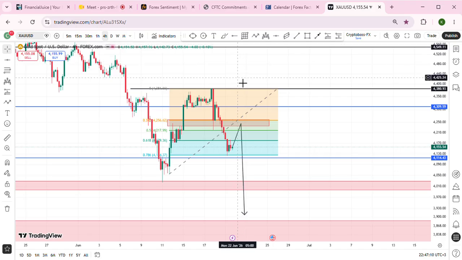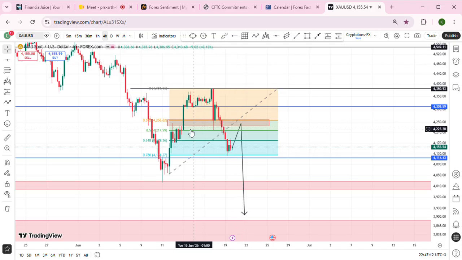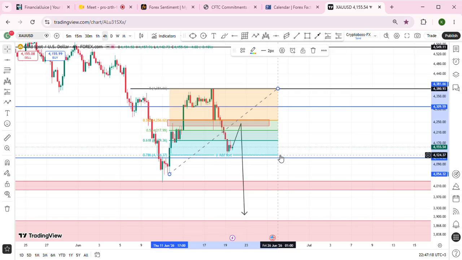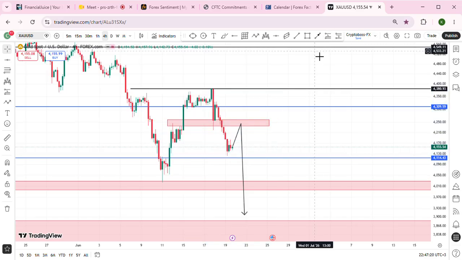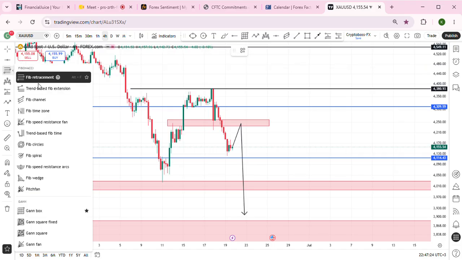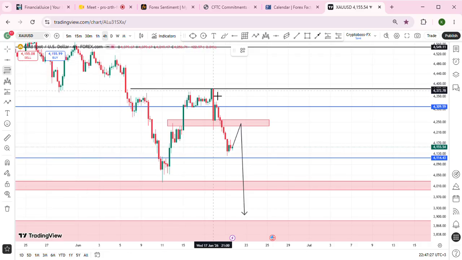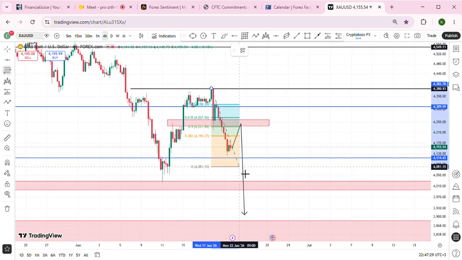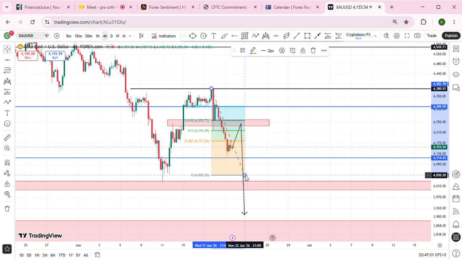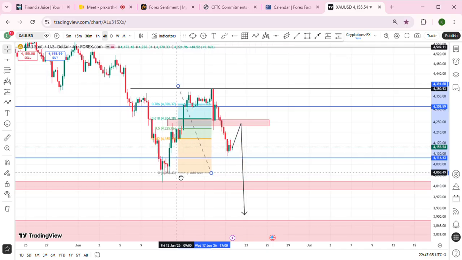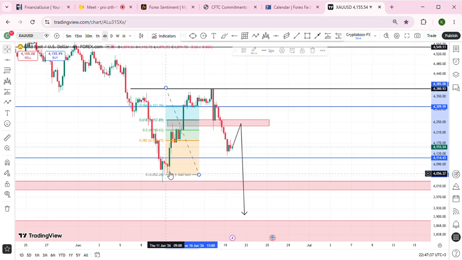Sorry, have I marked it right? Or should I be using the opposite, from up to bottom? Let me see. But I think the one I did at first was the right one, if I'm not forgetting.